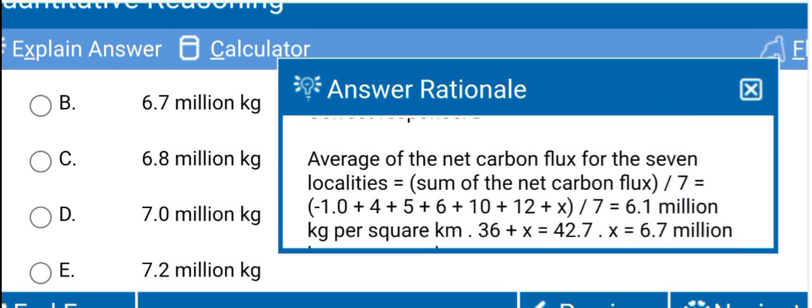Average of the net carbon flux for the 7 localities equals sum of the net carbon flux divided by 7, equals 1.0 plus 4 plus 5 plus 6 plus 10 plus 12 plus x divided by 7, equals 6.1 million kilogram per square kilometer.